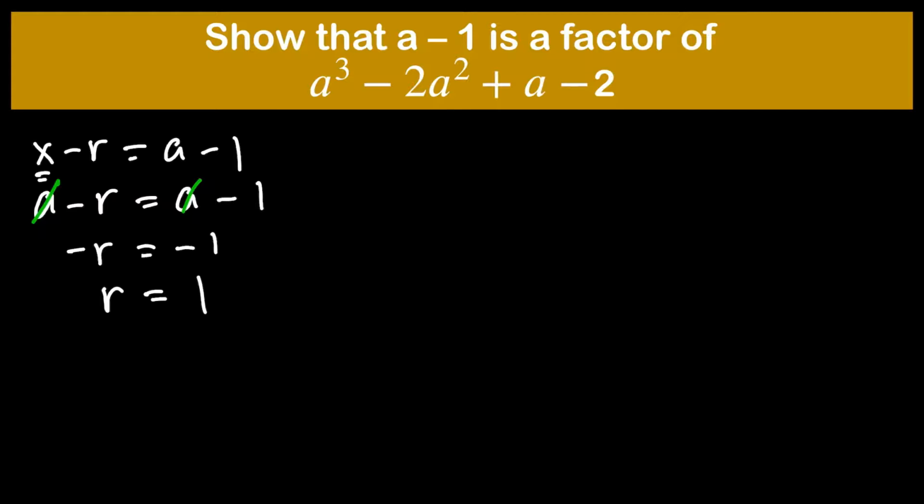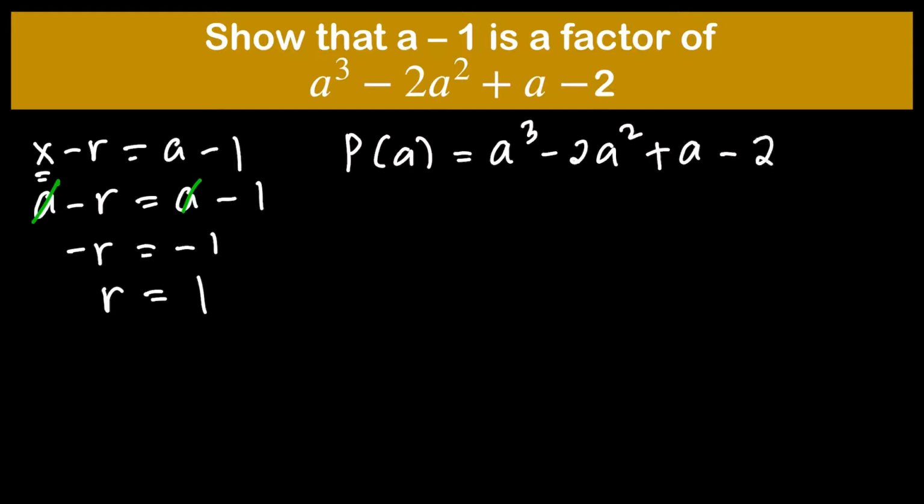Now that we have the value of r, we substitute this r into our p of x, or this time we use p of a since our variable here is a. So we have p of a equals a cubed minus 2a squared plus a minus 2.